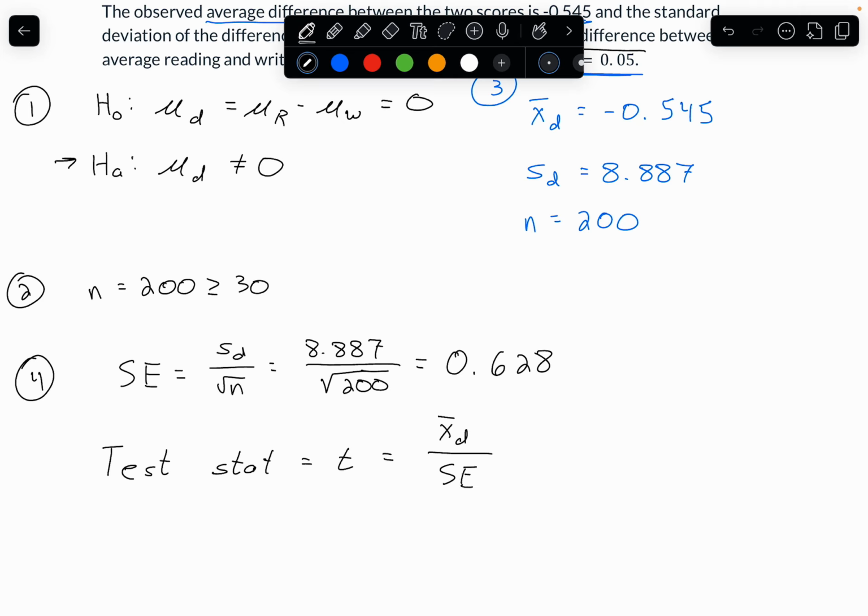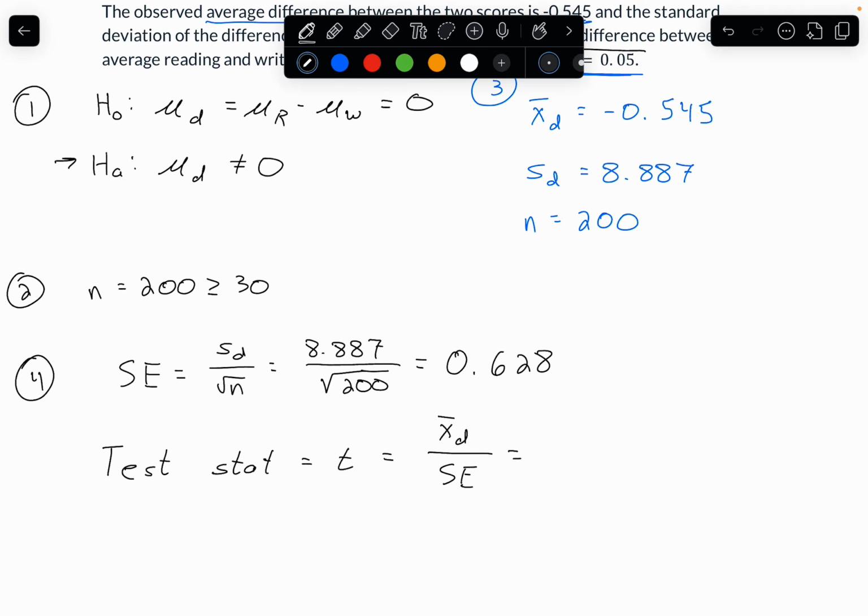Really, it's always your point estimate, x bar sub d, minus the null value. But if you'll notice up here, the null value, the number that we talk about in our null and alternative hypothesis, is just 0. So I really should be saying minus 0 right here, but of course subtracting 0 doesn't do anything to that number. So you'll oftentimes see that part just left out as x bar sub d divided by our standard error.